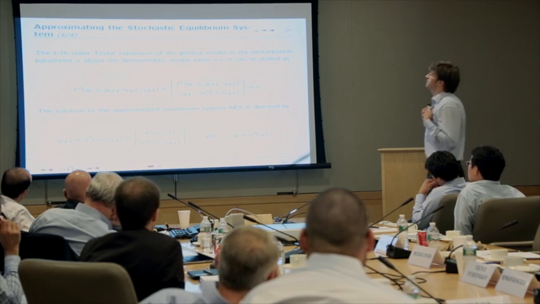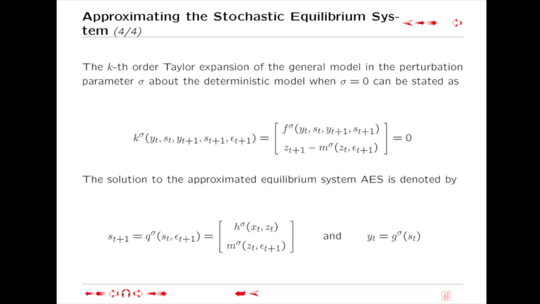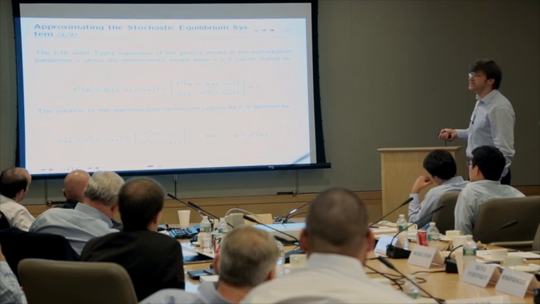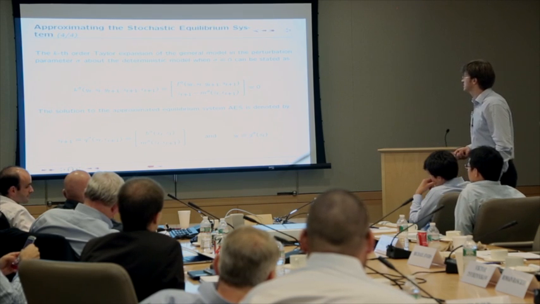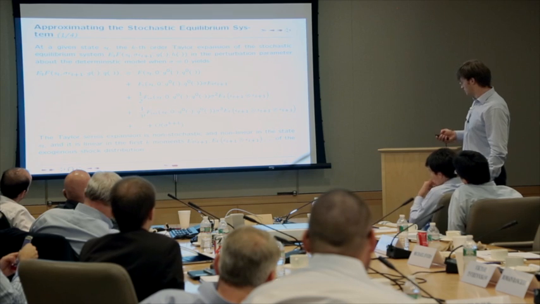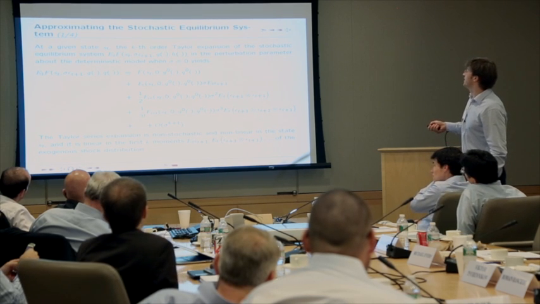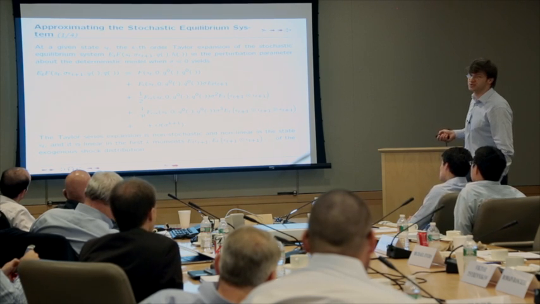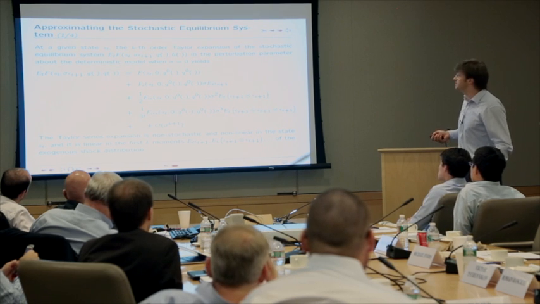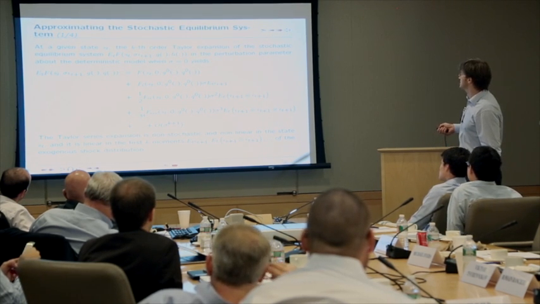So then my approximated equilibrium system, which I would like to work with, is now the approximated equilibrium system up to order k and the approximated law of motion. So this is my new equilibrium system, which is now nonlinear in the endogenous variables, so the nonlinearity is preserved, but which is now parameterized in the exogenous terms.